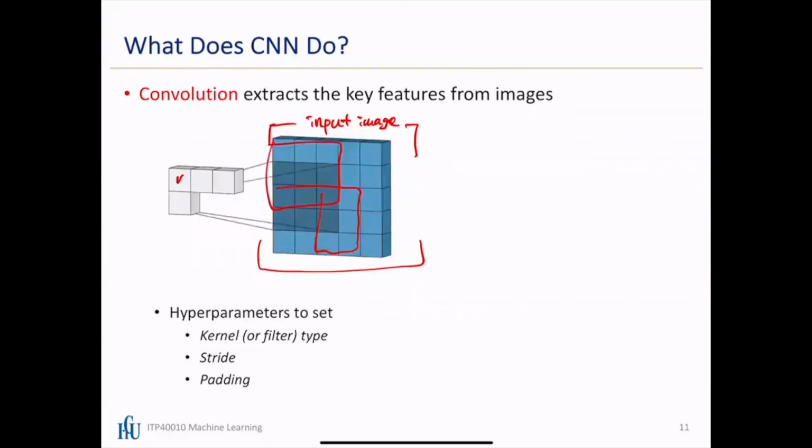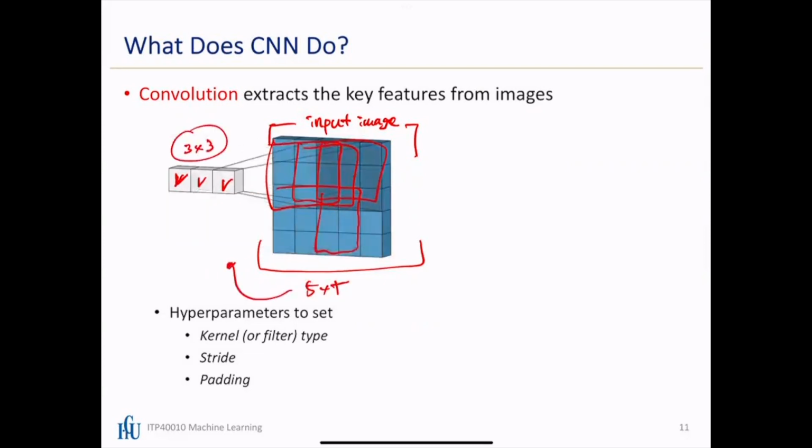The first 3x3 is summarized as one number. The next 3x3 data is summarized in the next neighboring pixel, and so on. So eventually, you have originally a 5x5 image, and you're summarizing it into 3x3. You sort of summarize the image.